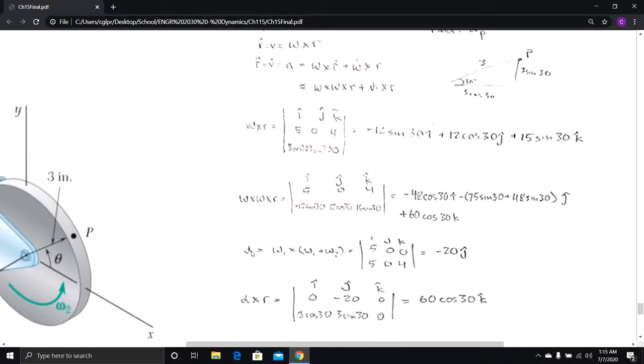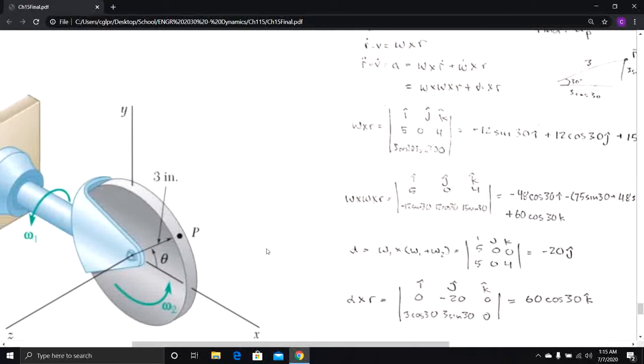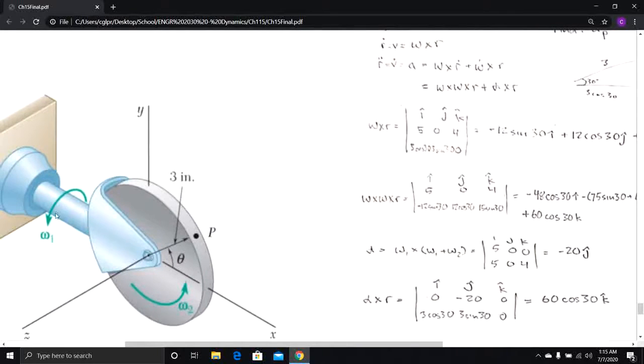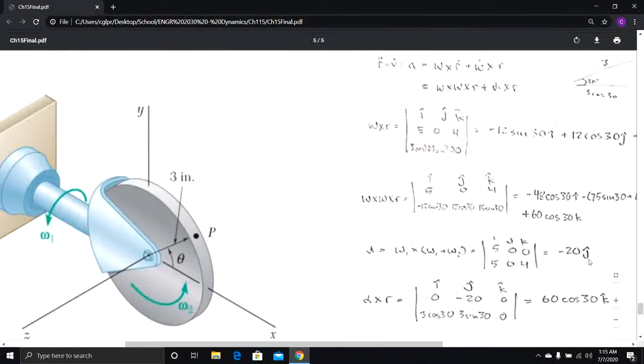I was thrown off with how to find alpha. I still don't really understand why I want to do it this way. If we look at the picture here, obviously, as this thing rotates this direction, the axis of rotation, in this case K, is going to start to come down, and eventually it's going to be in alignment with Y, which is why we get the J direction here.